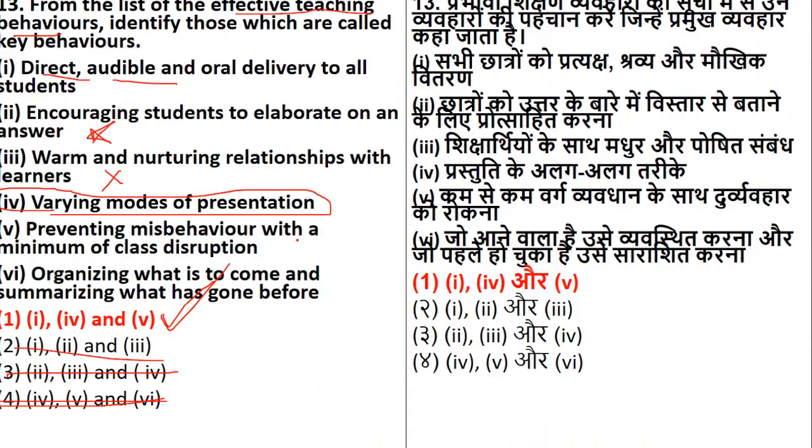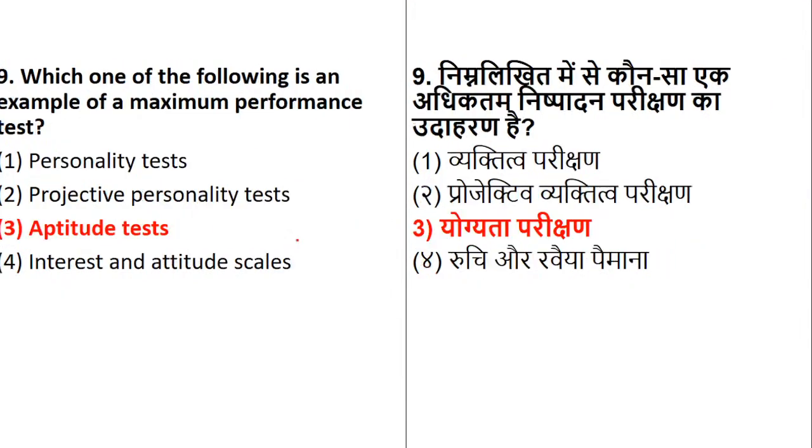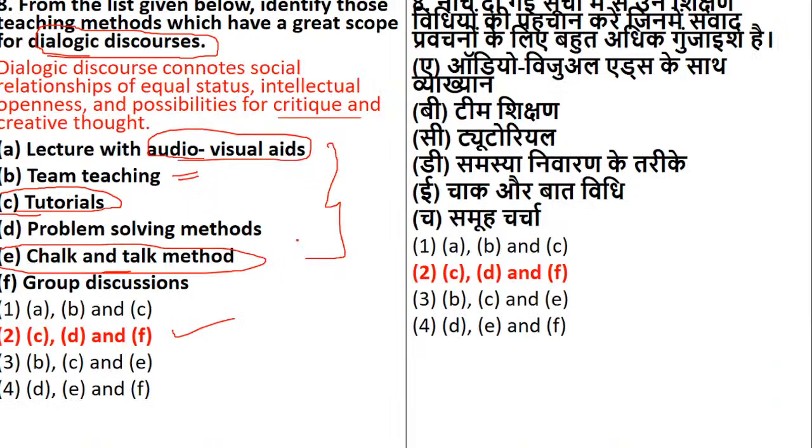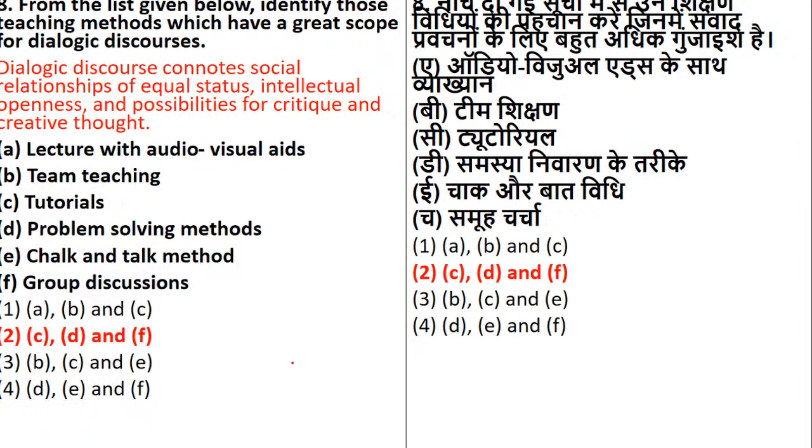There was one question which was being demanded, question number 8, if I'm not wrong, regarding dialogic discourses. We will end after this question. Dialogic discourse is something which gives status and openness.